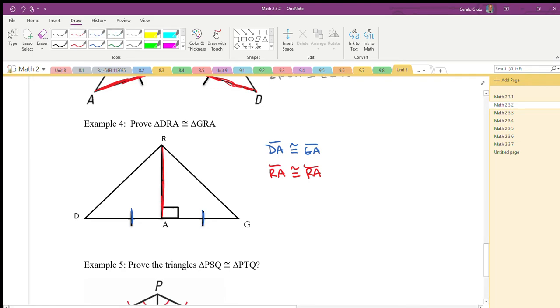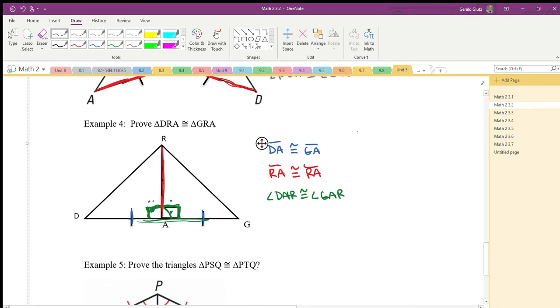This is a 90-degree angle right here. These two angles, so right here and right here, are supplementary because they form a linear pair. They're on the same line. So remember, this is a 180-degree angle. So if this is 90, this one has to also be 90. So that means that angle DAR is congruent to angle GAR.